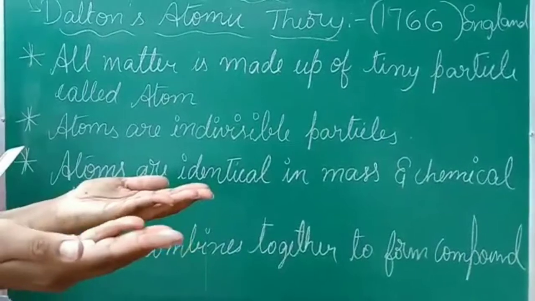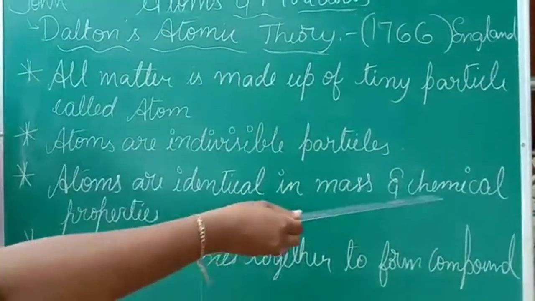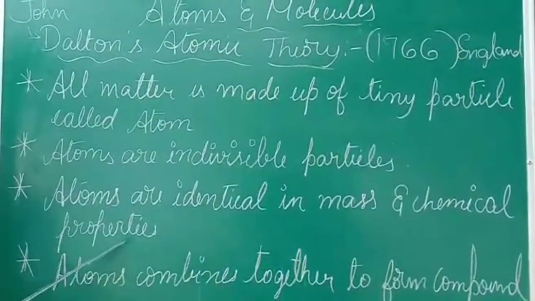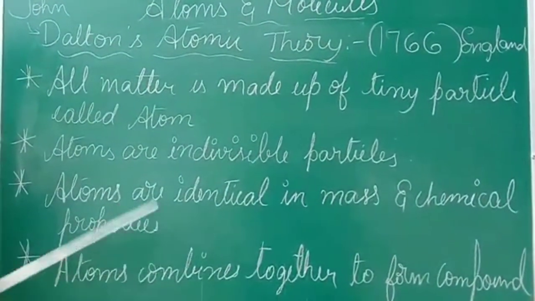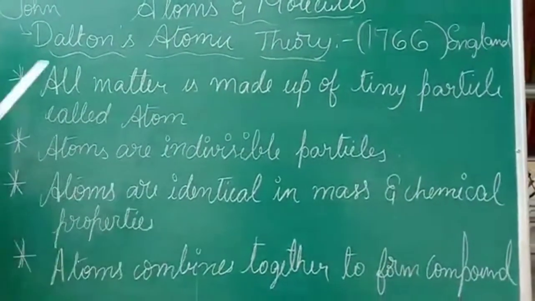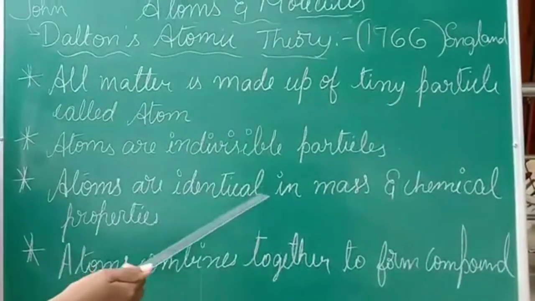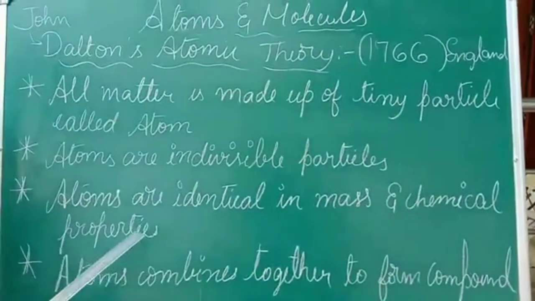The mass is the same and it looks the same also. That is called identical in mass and also in chemical properties. What do you mean by chemical properties? Whether it's the boiling point or the melting point, all those properties will be the same in these atoms. So atoms are identical in mass and chemical properties.